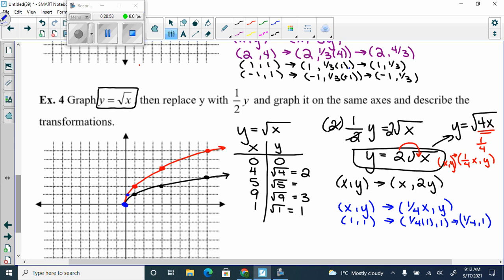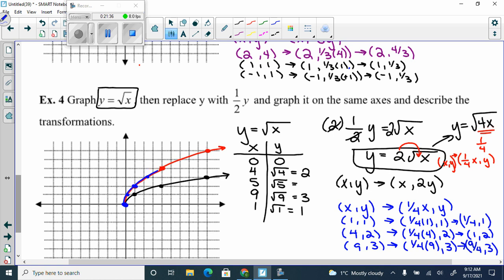Then if I use (4, 2), it's going to be a quarter times 4 and 2, which is (1, 2). I'm landing all the same spots. And then I have (9, 3), which is a quarter times 9, comma 3, which is 9 fourths and 3, which is 2.25 and 3. It gave me the same graph, didn't it?